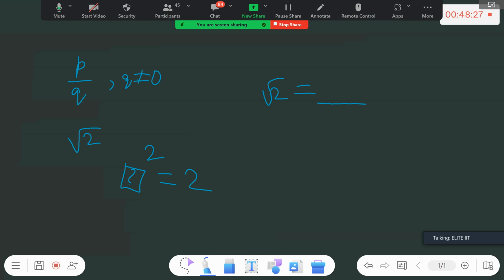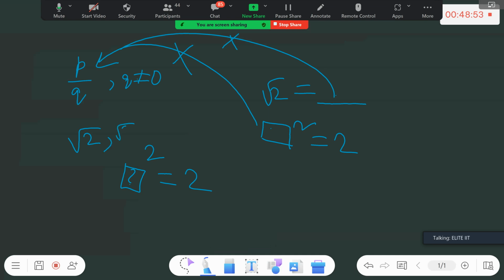So what is the square root of 2? It is basically a number whose square is 2. You can find such a number, but it won't be rational. It cannot be written in the form P by Q. That is why root 2 is irrational.